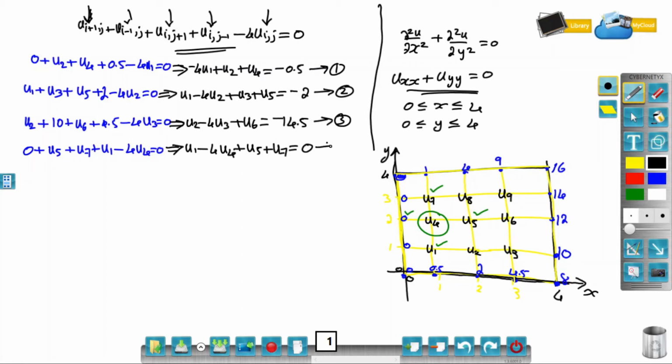So this is equation number 4. Is it okay?